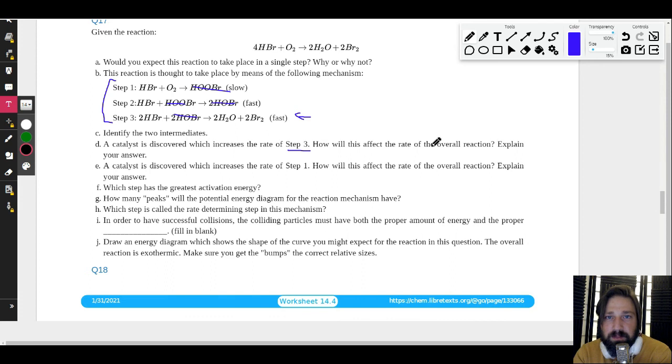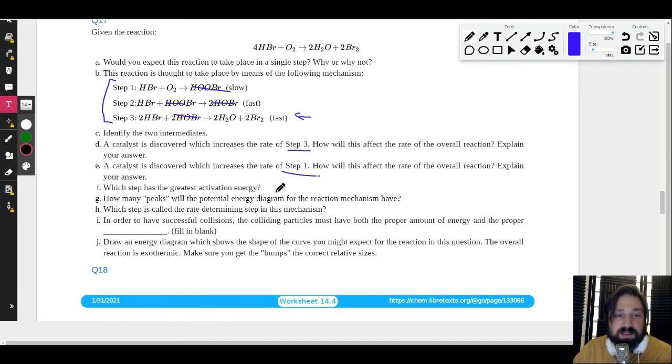Would that help? No. I'm not the thing that's slowing us down. You know, Jimmy over there is the one making the trains. So he is the one that needs the catalyst. He's the one that needs to lower his activation energy to speed him up. So step 1 would do that.